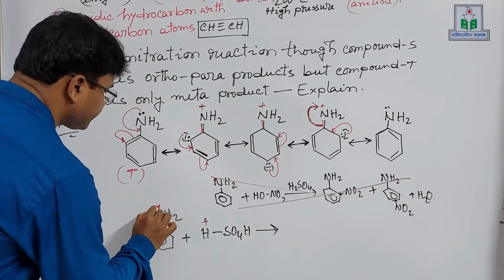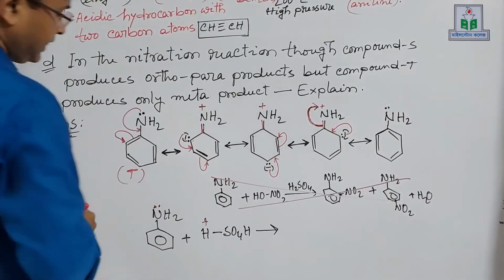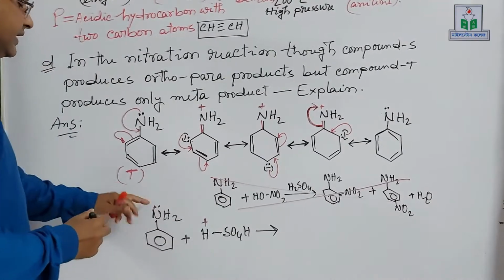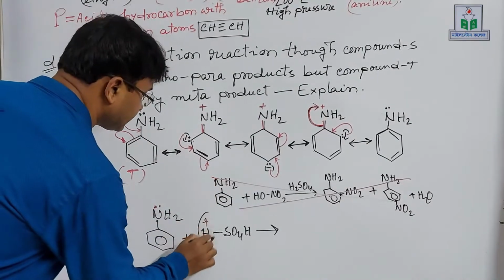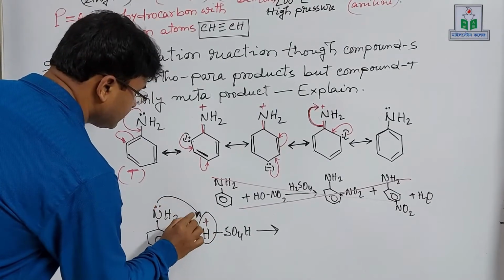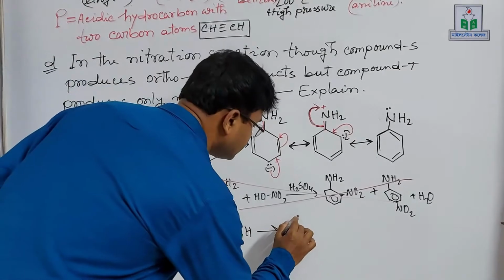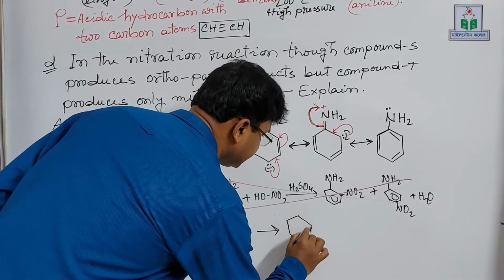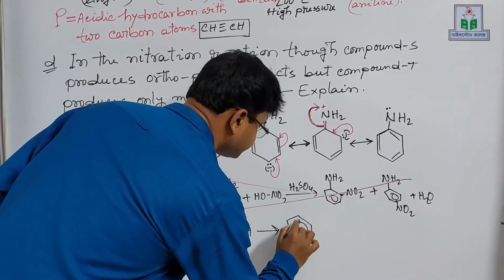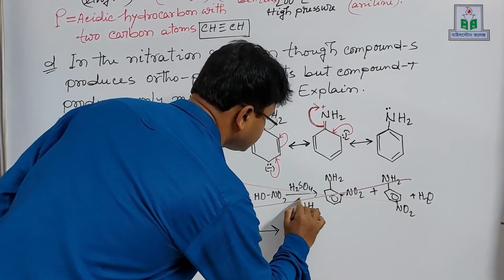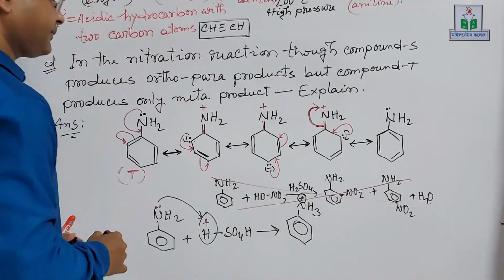You know that the nitrogen atom of aniline contains a lone pair electron. This lone pair electron donates to the proton of sulfuric acid to produce the anilinium ion.